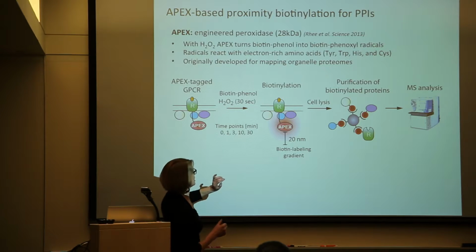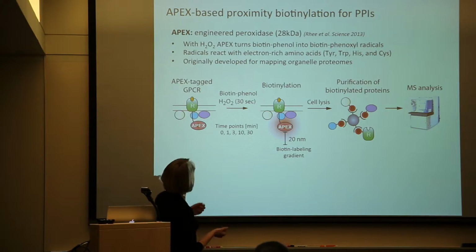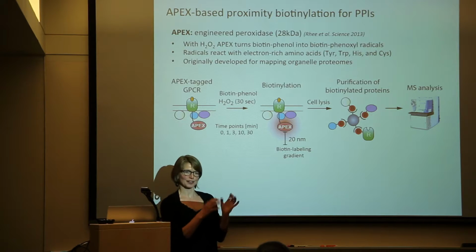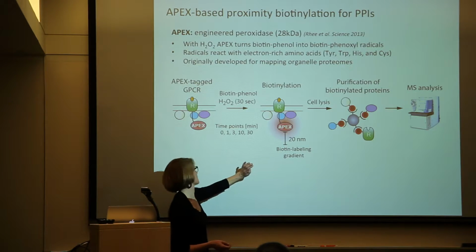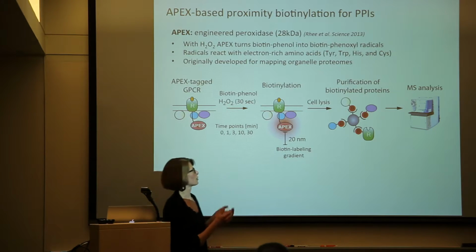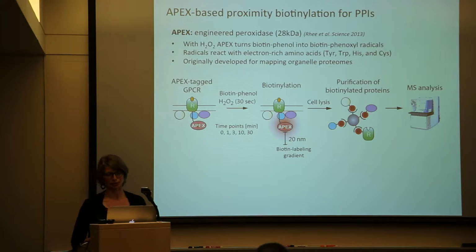The biotin phenol is turned into biotin phenoxyl radicals, and around the APEX enzyme you have a labeling gradient of roughly 20 nanometers. After biotinylation of the proteins in proximity, the cells are lysed, and the biotinylated proteins are purified and analyzed by mass spectrometry.